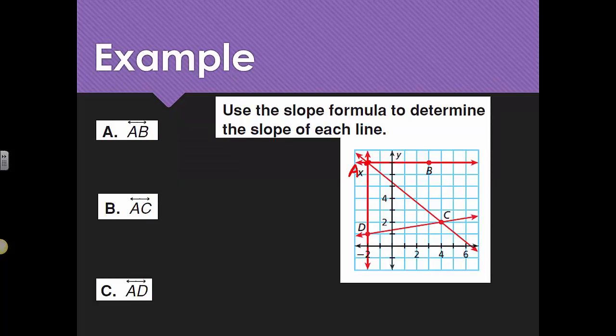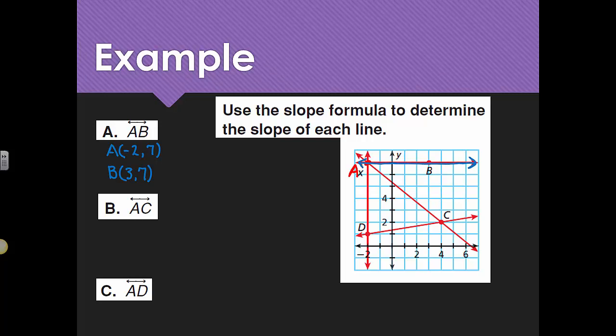Okay, so we're going to use the slope formula to determine the slope of each line. For the first line, line AB, we need the coordinates of A and B. For A, it looks like it's -2, 7. And the coordinates for point B are 3, 7. To find the slope of line AB, we have to do the change in y over the change in x.